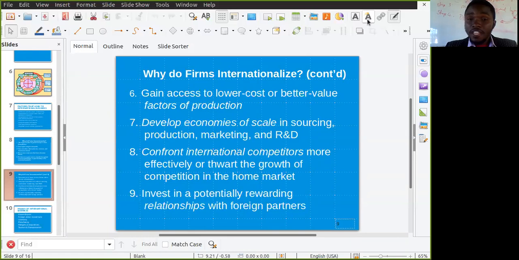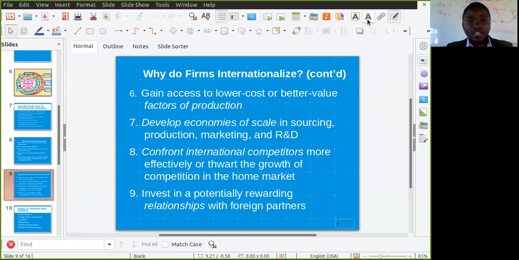We see in most situations an example that we can give for a country that takes advantage of lower cost of production. That country is China, pardon me. We see that most businessmen and women from China have established their companies, their businesses, their firms in Africa.